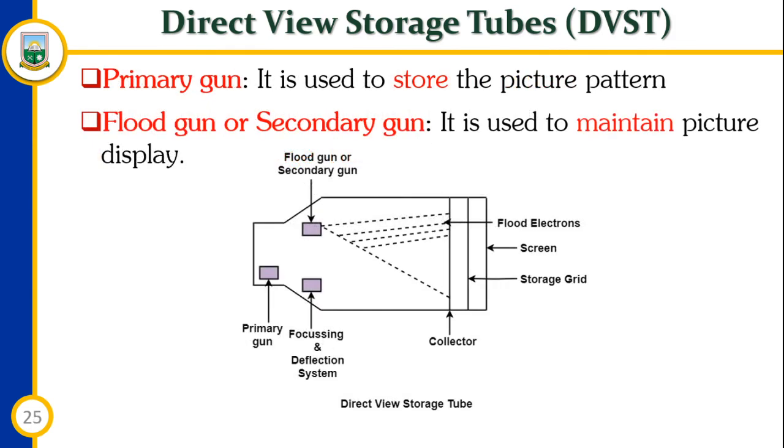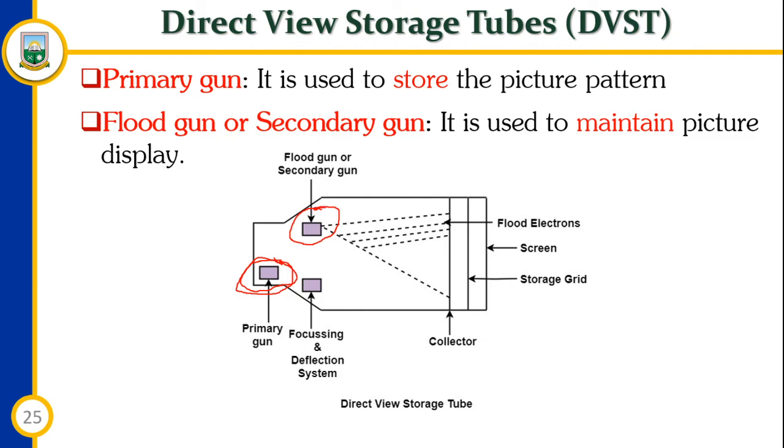Now, the primary gun, as you can see, is from here. This is the primary gun. The primary gun is used to store the picture pattern that is supposed to be displayed. Then the secondary gun is used to maintain the picture display.